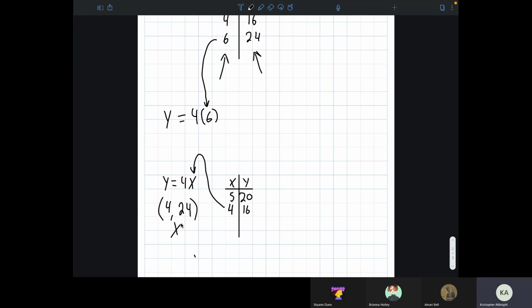So again, not a solution. So all it's going to give you is this right here. Your problem will look like this. And it will say, is this a solution to this equation? And what you need to know to do is plug this into the equation and see if you get this.